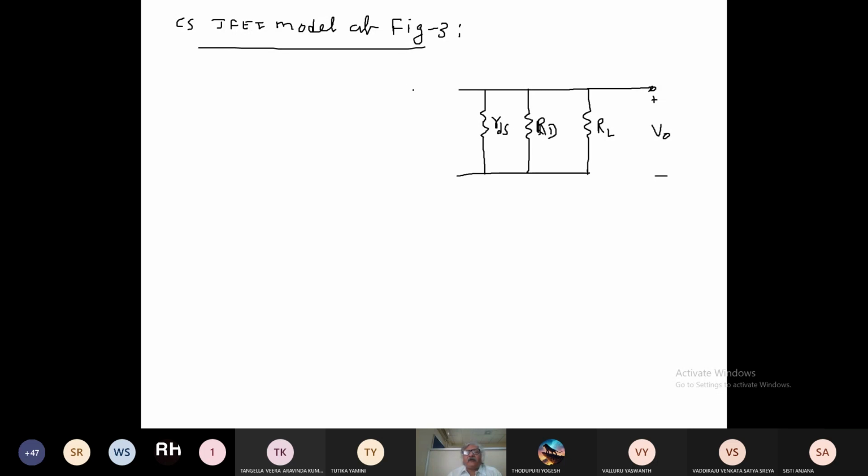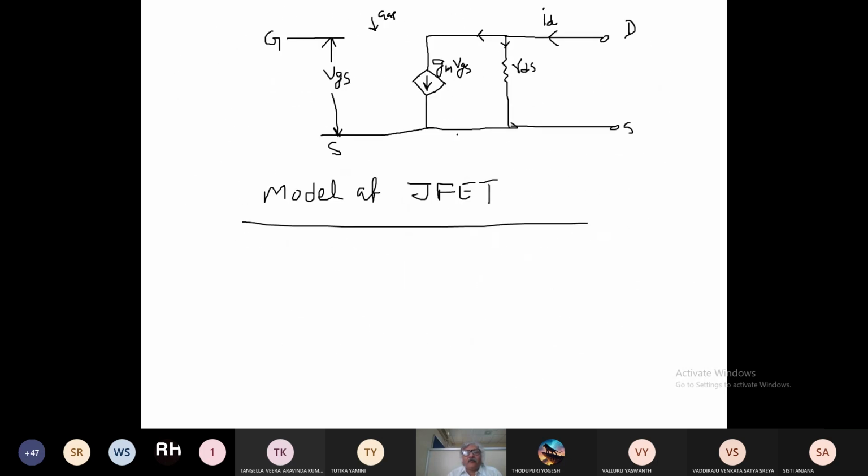Then there is a current source whose value is GM VGS.